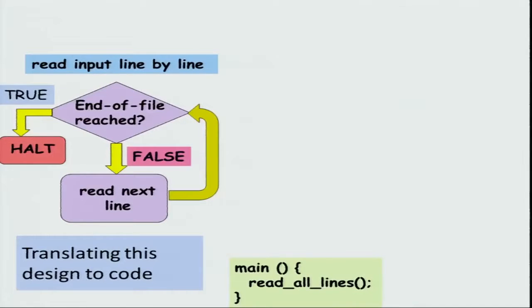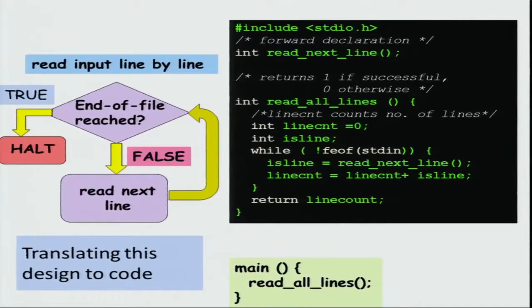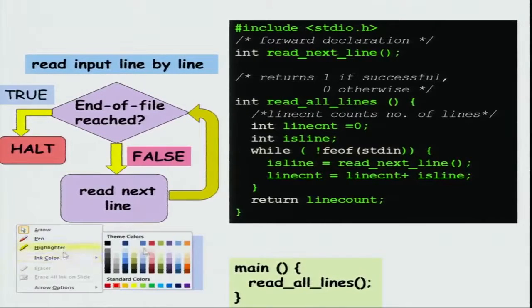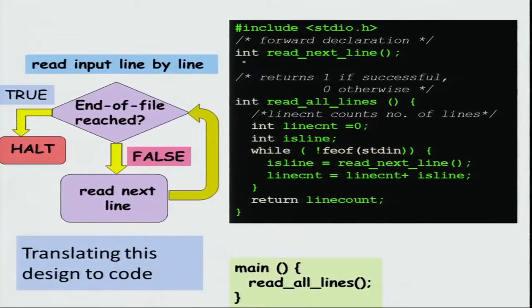Okay. So, let us translate the top level function into code. Here we will introduce a new concept known as a forward declaration. Okay. So, when you define a function, you can either give the logic, the full function body, or you can just say that here is what the function will look like, here is the type signature.